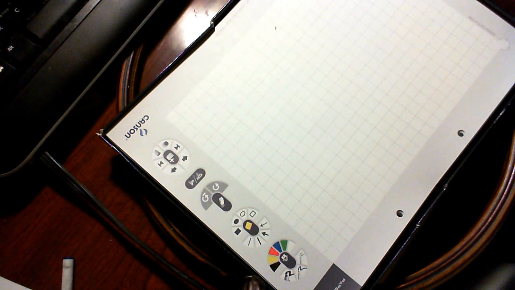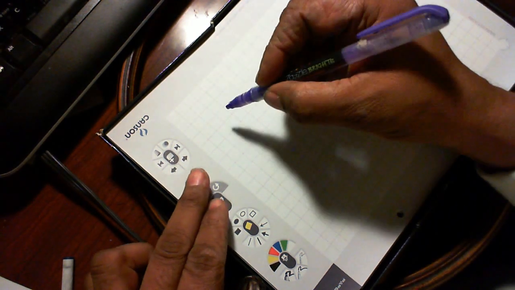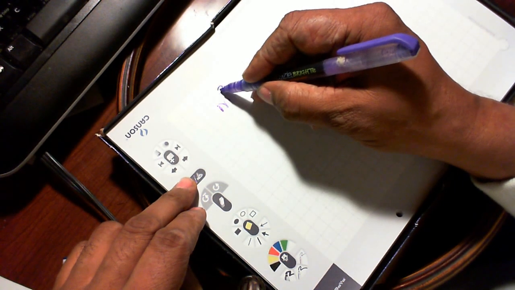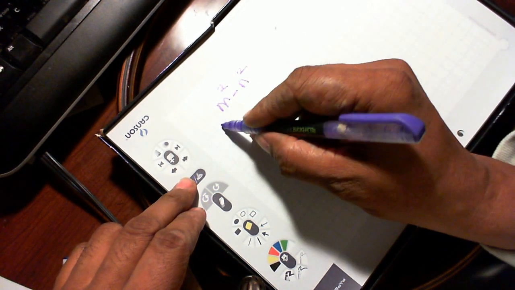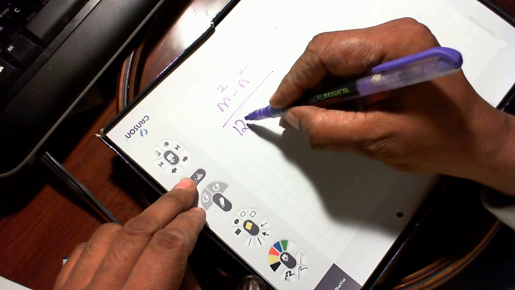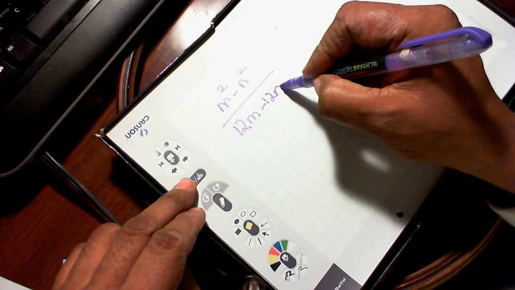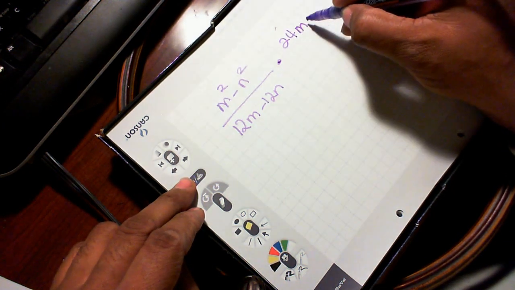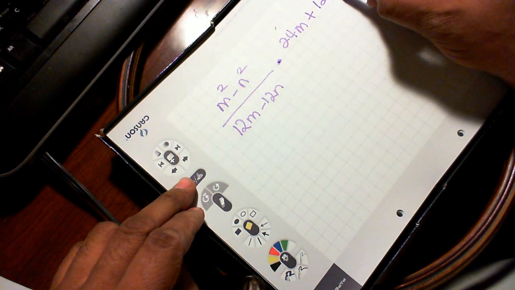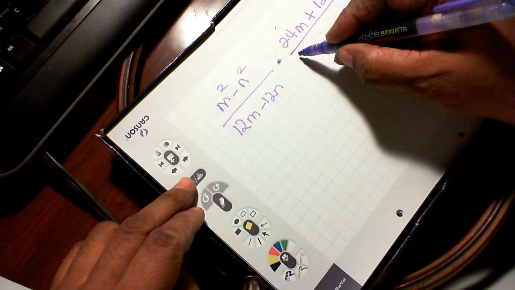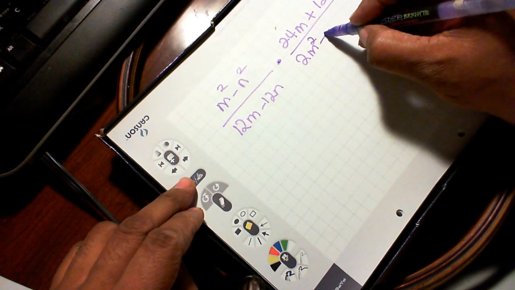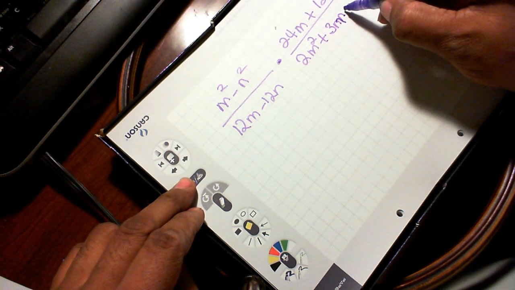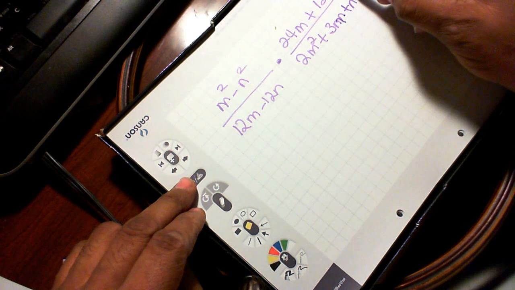Now the other one I wanted to work for you today is simplify. We want to simplify this. So we have m squared minus n squared over 12m minus 12n, multiplied by 24m plus 12n divided by 2m squared plus 3mn plus n squared.